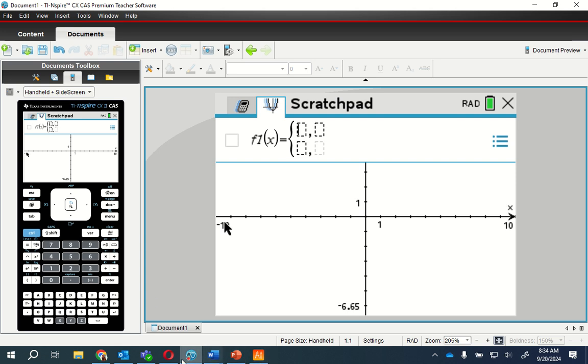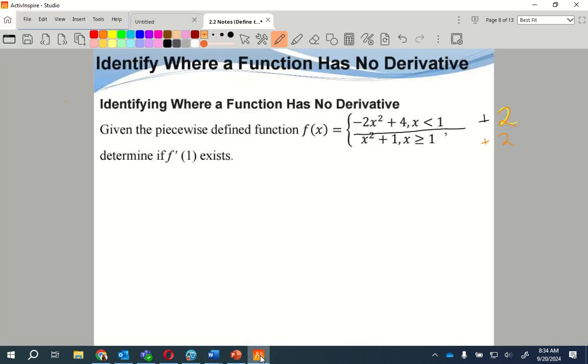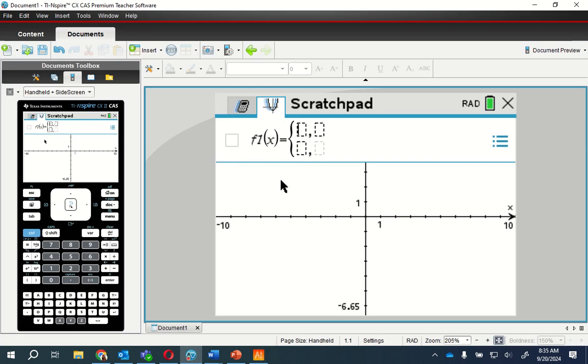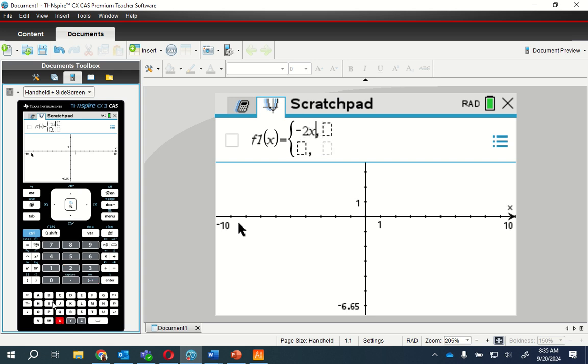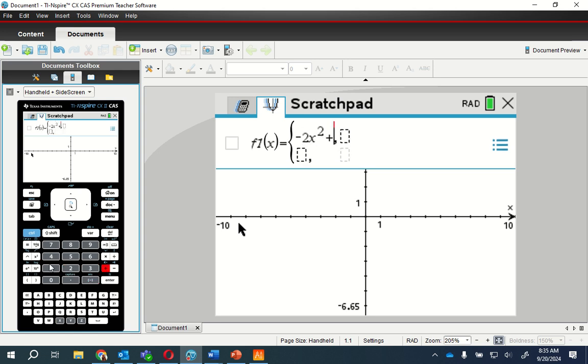So it was negative 2x squared plus 4, and it says x is less than 1.